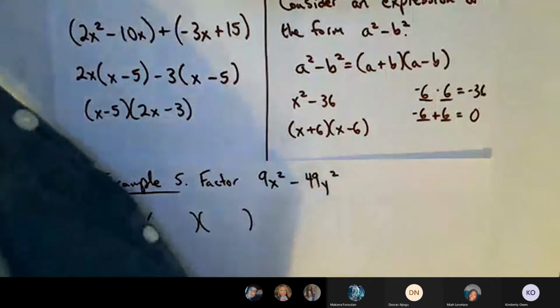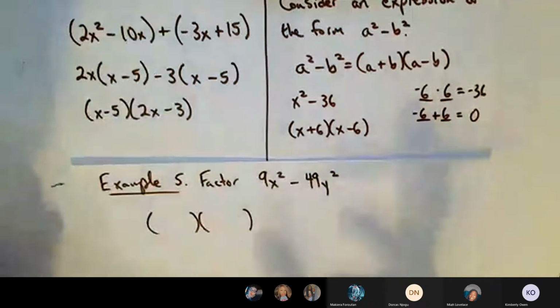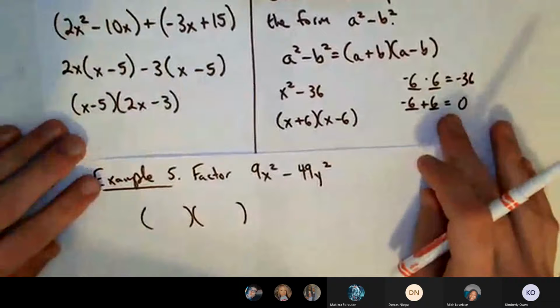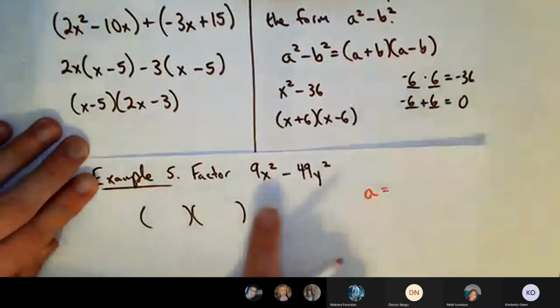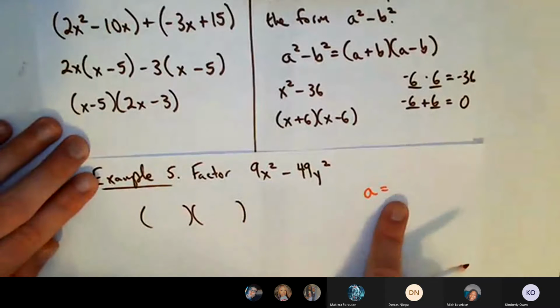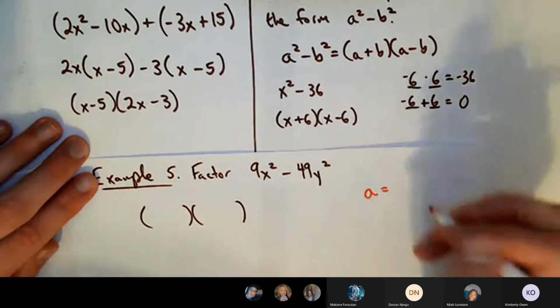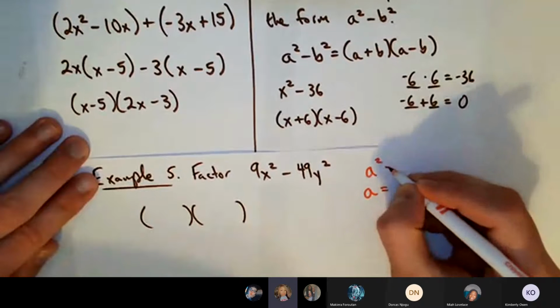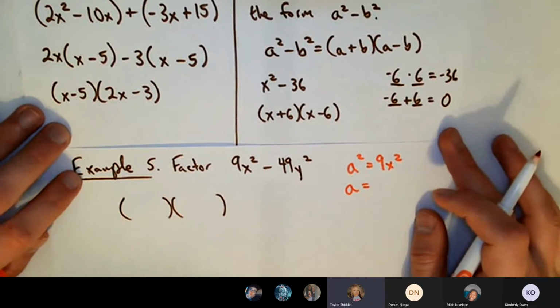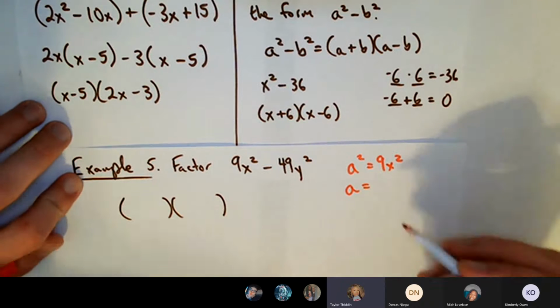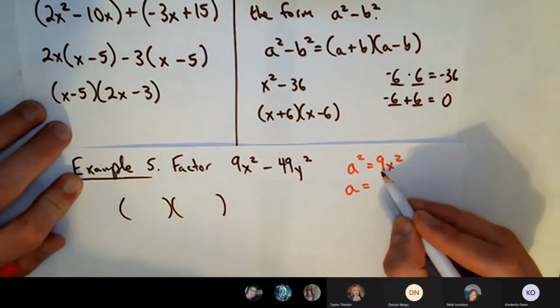So let's see, I'm going to call on somebody. Taylor, if a squared is 9x squared, what would a be? Think of something like each one of these is a perfect square.